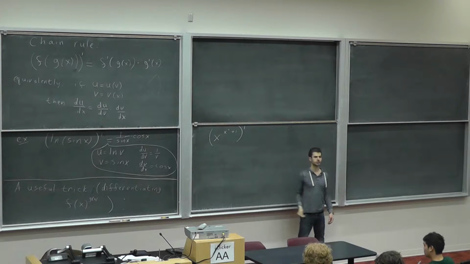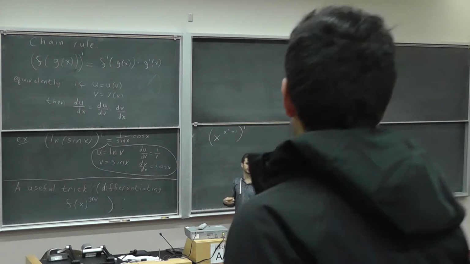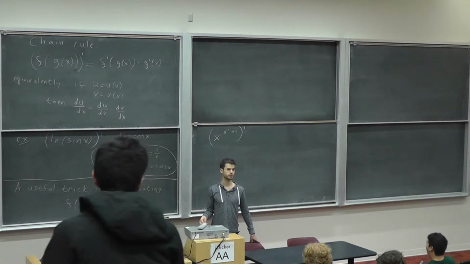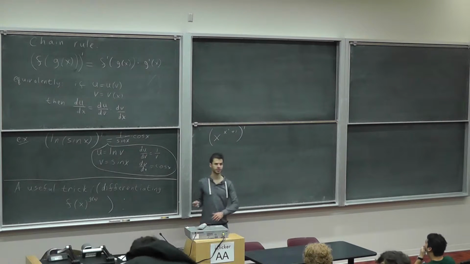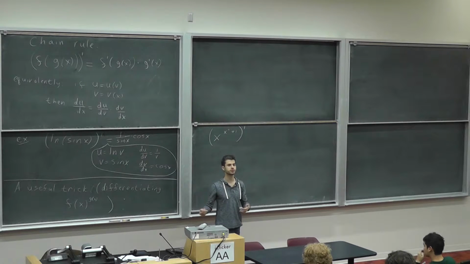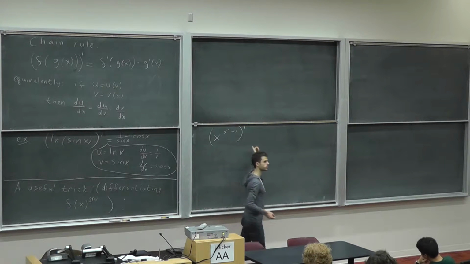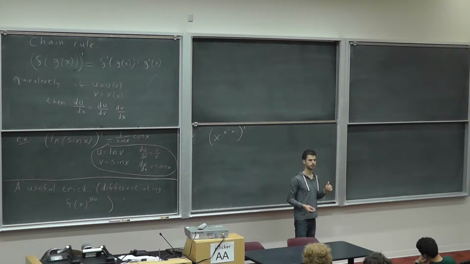A reasonable function. I take the number x and raise it to the power x squared plus 1. So for example, this function at x equal to 2 will be 2 raised to the power 2 squared plus 1, which is 5. So 2 to the power 5, 32. And you can do this operation for any x. You can take any x and raise it to the power x squared plus 1.